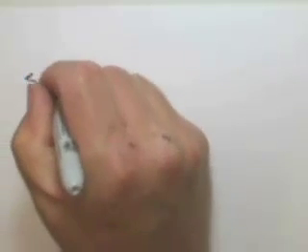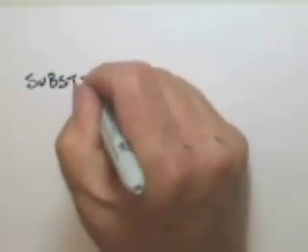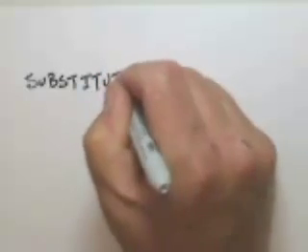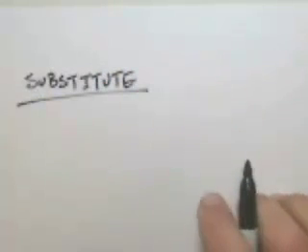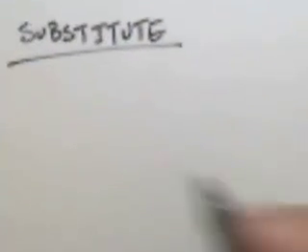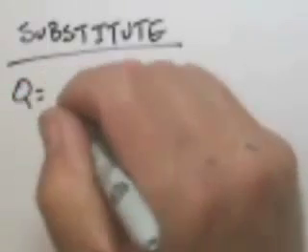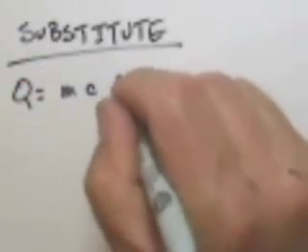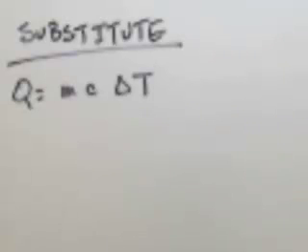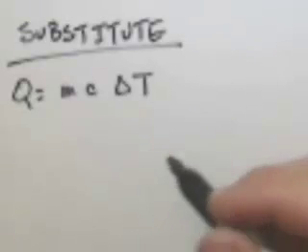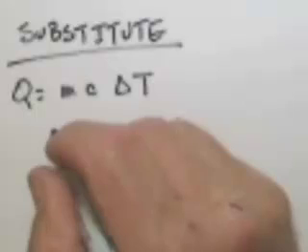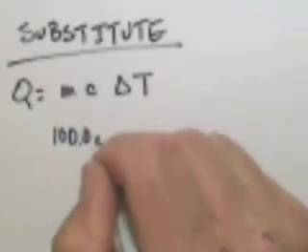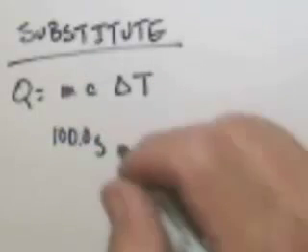So now let's substitute into the first formula, Q equals mc delta T. From the given information, you're changing 100 grams of water for the mass.